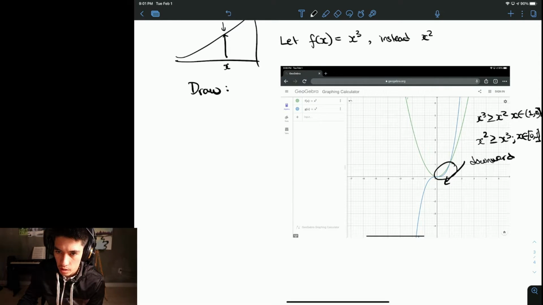The sub-questions say show the outer and inner sums, or show the upper and lower bounds using x cubed instead.